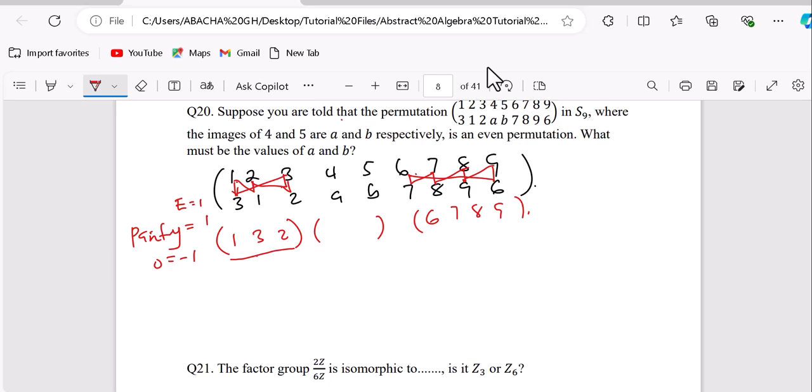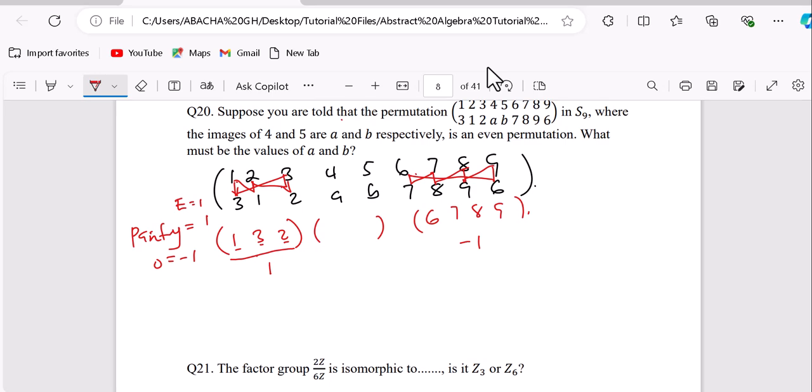When there are three elements like this, or whenever there is an odd number of elements in a cycle, it is an even permutation. Whenever there are an even number of elements, it is an odd permutation. So the first cycle is even, so the parity is +1, and this one is odd because we have four elements, so -1.